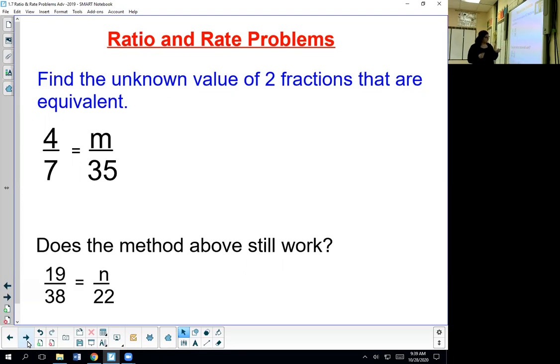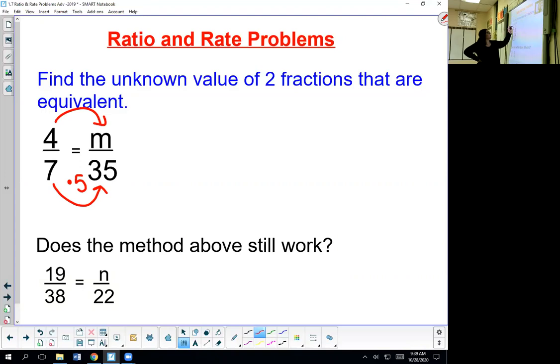Well, one way you can do it is you can see a pattern between the two. If you look at this one, you should be able to see, oh, I could go from 7 to 35, which should be familiar from what we talked about the other day. I can multiply this by 5. So that means I can do the same thing up here to figure out what M is. M is a missing number.